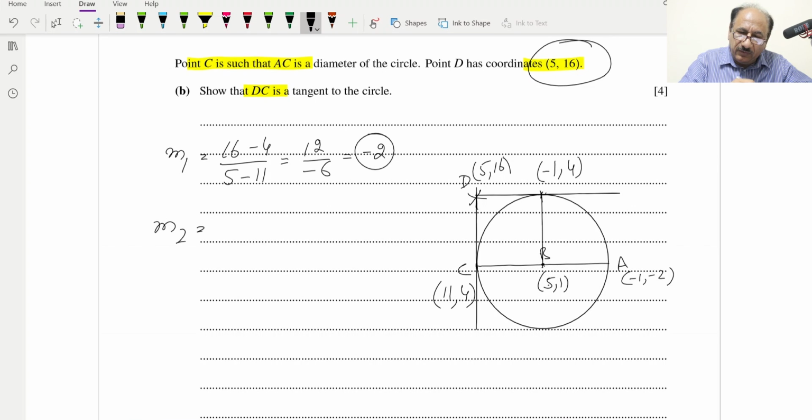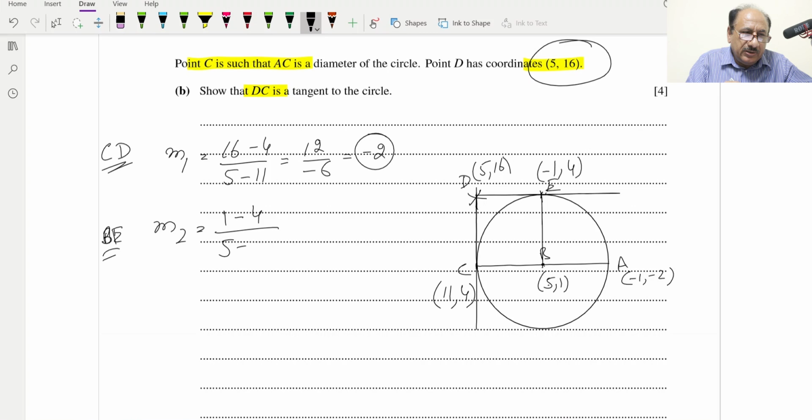M2, the gradient of this one, will be 1. We will be checking the gradient for the center and this point E and the B points. Basically this is the gradient of BE, I will write here for you, and this is CD. So m2 will be 1 minus 4, y2 minus y1 over x2 minus x1.